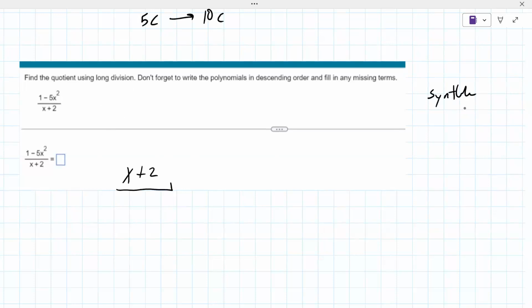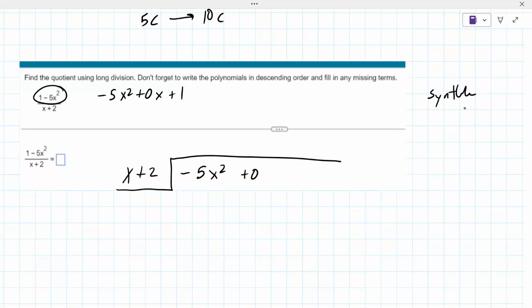Okay, so x plus 2 goes outside the house, and then we've got to rewrite this top number. It's really minus 5x squared plus 0x plus 1. Then what you're trying to figure out is what do you multiply x by to get minus 5x squared? If you're not sure, you take minus 5x squared and divide it by x, and you get minus 5x.